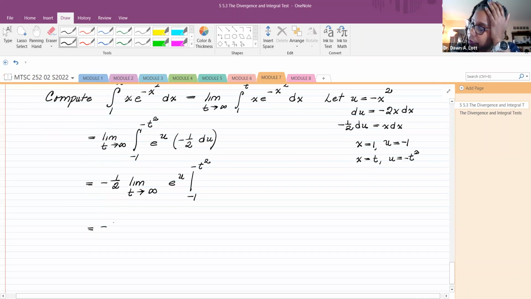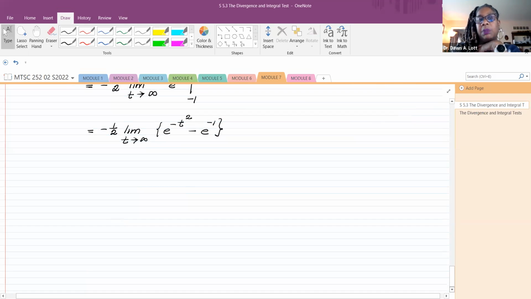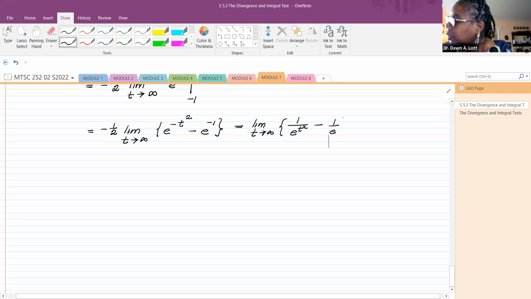Okay, so I get -1/2 times the limit as t approaches infinity of e to the -t² minus e to the -1. Okay, so I'm going to rewrite that just to help my brain out just a wee bit and make it easier for me to take my limit. So limit as t approaches infinity, this is 1 over e to the t² minus 1 over e.